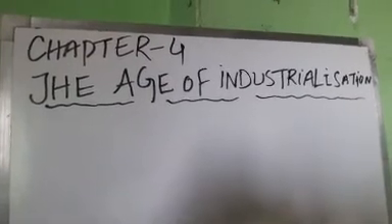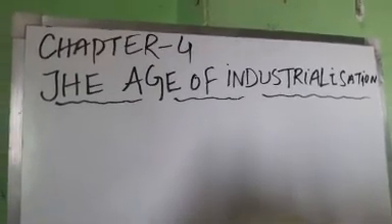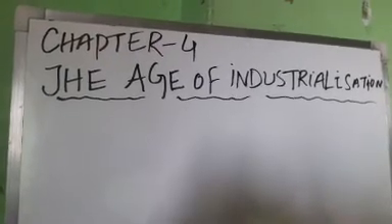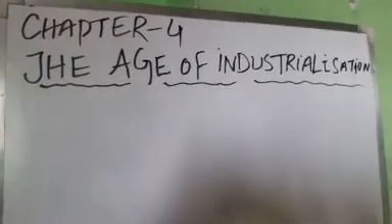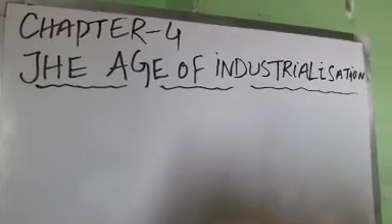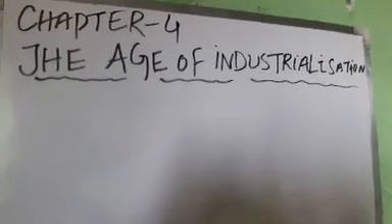As you know, we have completed the fourth chapter of political science, that is gender, religion and caste, and now we are going to take up the fourth chapter of history. The fourth chapter of history is entitled the age of industrialization.